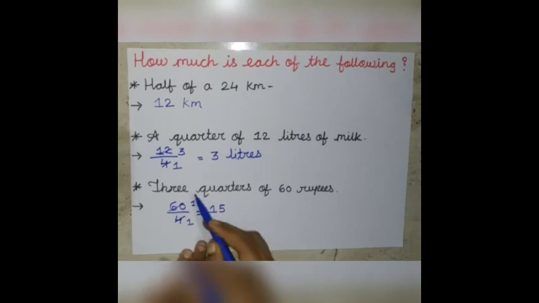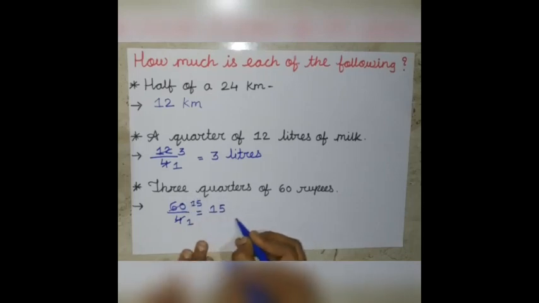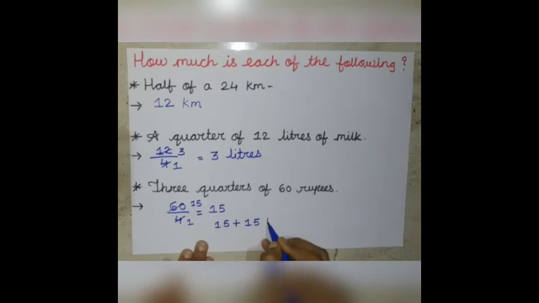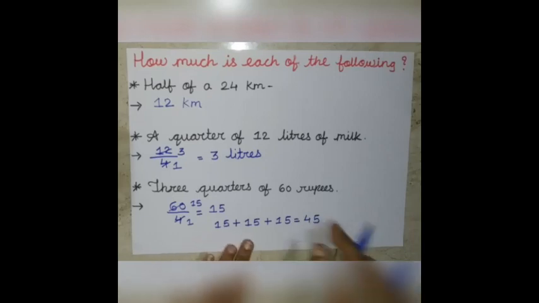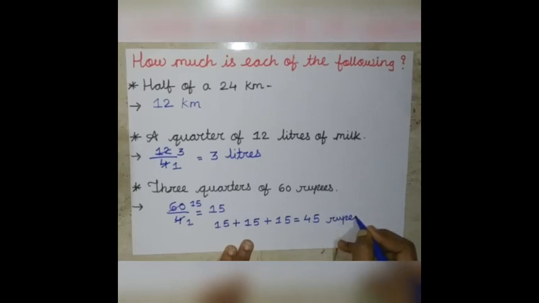But we want 3 quarters. So students, 15 plus 15 plus 15 will be 45. So 3 quarters of 60 rupees, your answer will be 45 rupees.